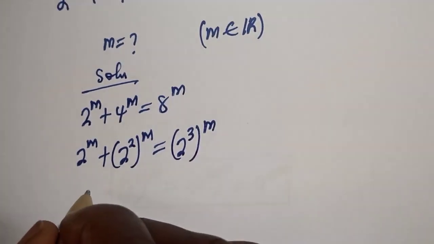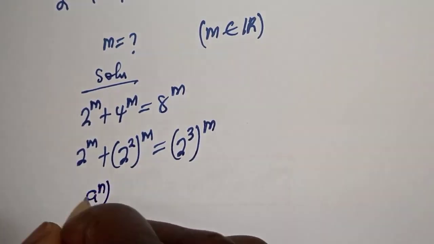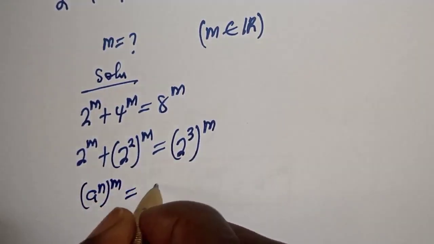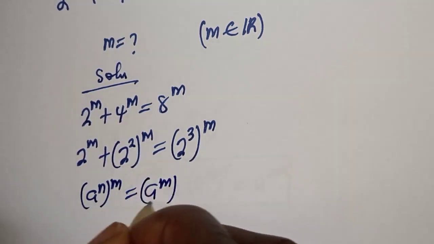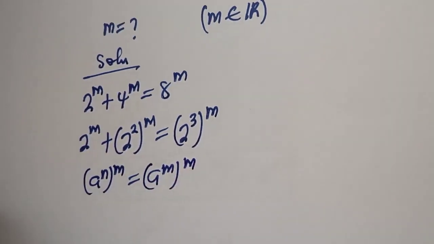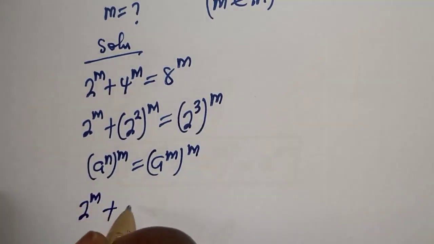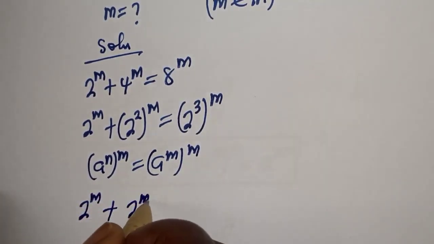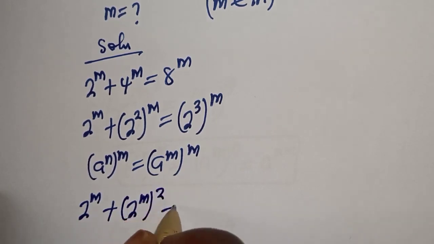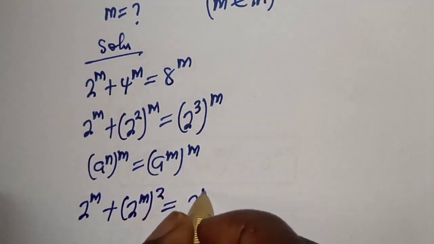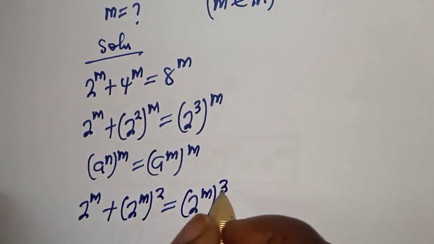Take note of this, that if you have a raised to power n to the power of m, this is equal to a raised to power m to the power of n. Then this is 2 raised to power m plus 2 raised to power m squared is equal to 2 raised to power m raised to power of 3.